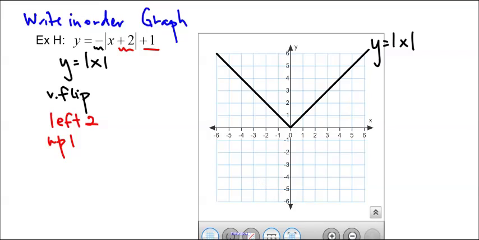Okay, so I'm going to do green, and I'm going to do the vertical flip in green, and then I'm going to do the left 2 up 1 together. So we're separating the dilations from the translations, from the shifts. So I'm going to do that green vertical flip.